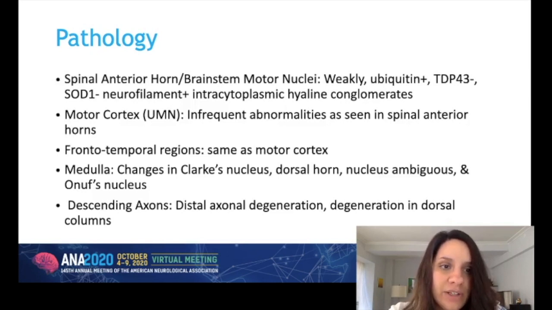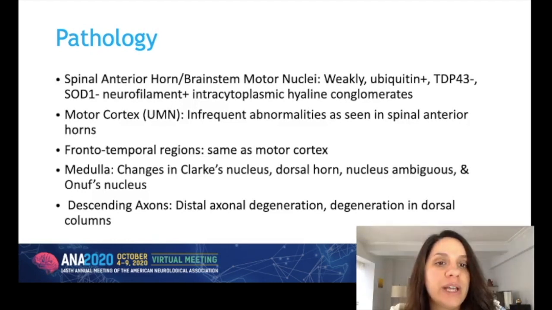On pathological tissue sections of the central nervous system, you can see certain areas are more affected than others in SOD1 ALS. Specifically, the spinal anterior horn has weakly ubiquitin positive, TDP43 negative, SOD1 negative, neurofilament positive, intracytoplasmic hyaline conglomerates.